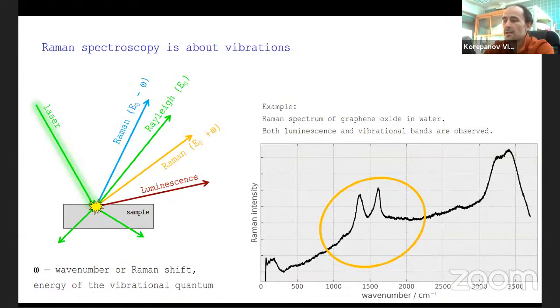We shine the laser into the sample and we observe several different things. We observe luminescence, which is broadband, and Raman Stokes and Raman anti-Stokes, which are shifted from the laser wavelength to the low energy and to the high energy respectively. What does it look like? You can see on this picture.